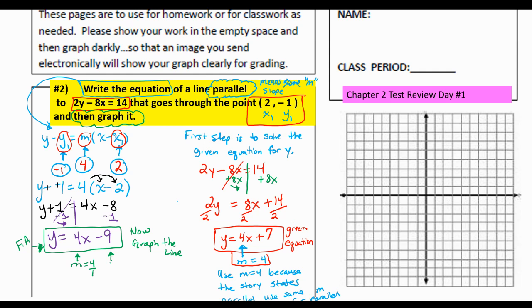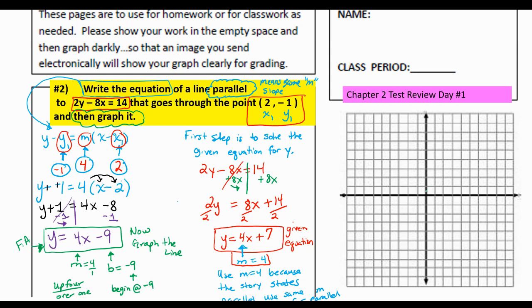And the back number is b. That's our beginning number. So we're going to go up 4 and over to the right 1. We're going to begin at negative 9.